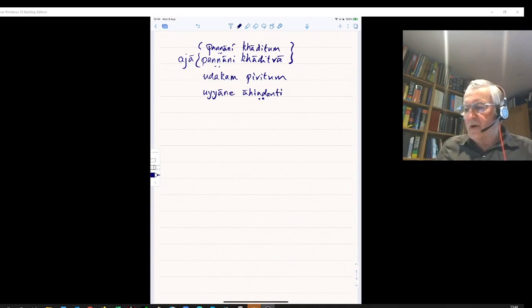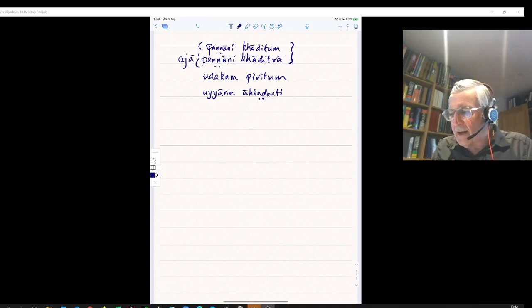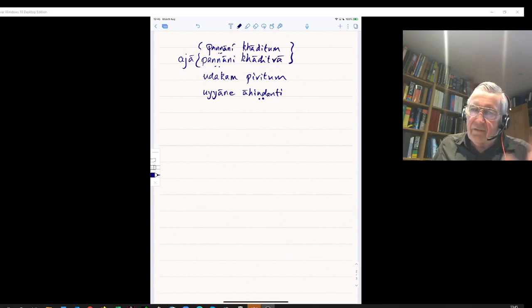So either is correct. You can say aja banani kaditum udakam pivitum uyane ahindanti, or aja banani kaditva udakam pivitum uyane ahindanti. The second version, using the absolutive followed by the infinitive, can have a suggestion of a sequence, whereas banani kaditum udakam pivitum suggests that there's no sequence to it. They're doing one and the other, more or less at the same time.